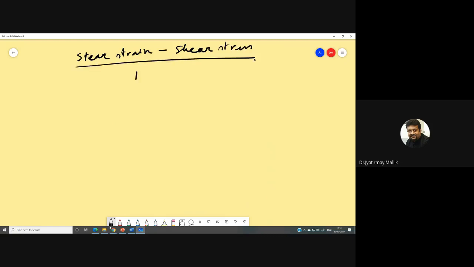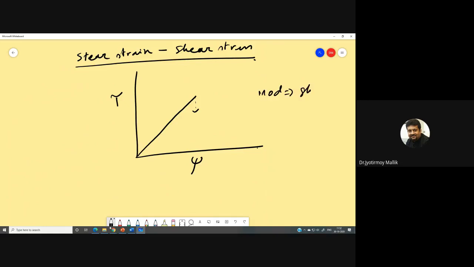We will draw shear strain with this symbol, and then shear stress will be, of course, tau. Then there will be the elastic limit, and the corresponding modulus is called the shear modulus.